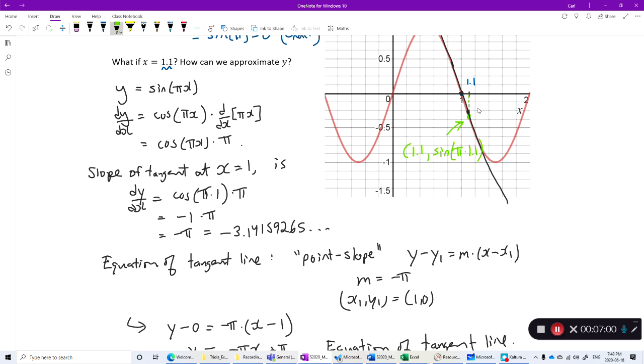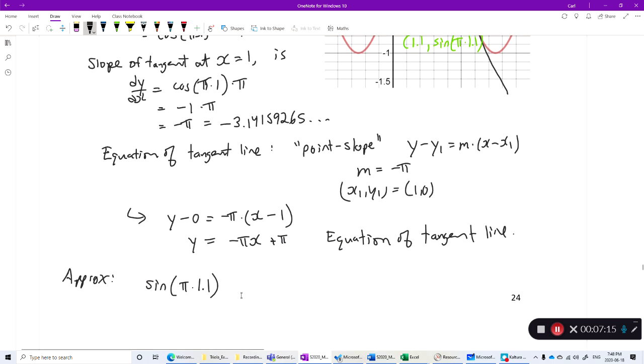And we're going to figure out the coordinates of this black dot, which is the linear approximation, which is going to be 1.1 comma something else. But they're close to each other.